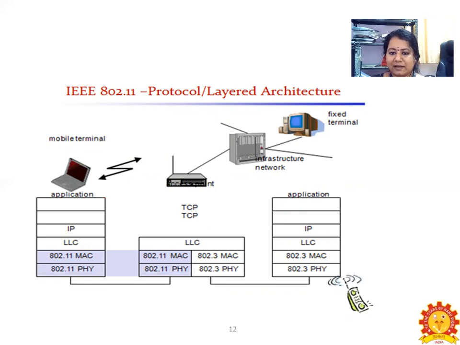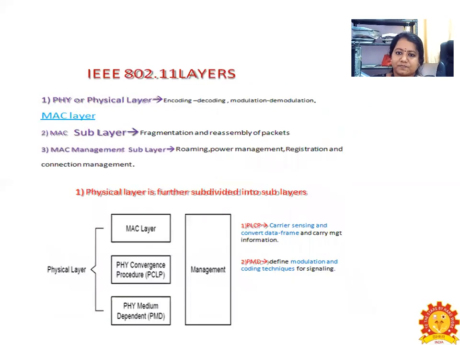The physical and the MAC layer are then interconnected with the access point layer, that is a middle layer, an intermediate layer, whereas the other partition is then compared to the other application layers. So here the intermediate point is divided into two. One is connected to the other end and the other is connected to the next end. So this is called the protocol or the layered architecture.